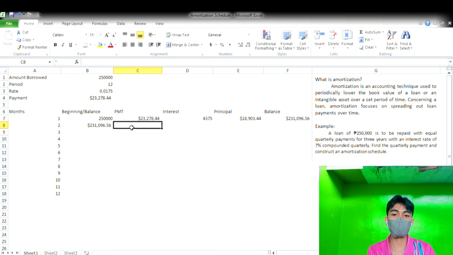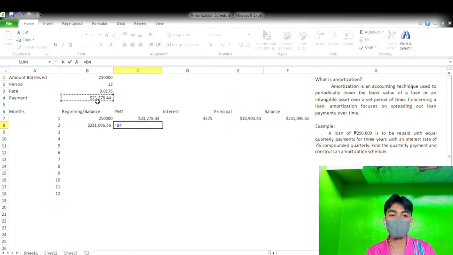Okay, so in order to drag and copy this cell, we have to put a dollar sign before and after the letters of the variable.